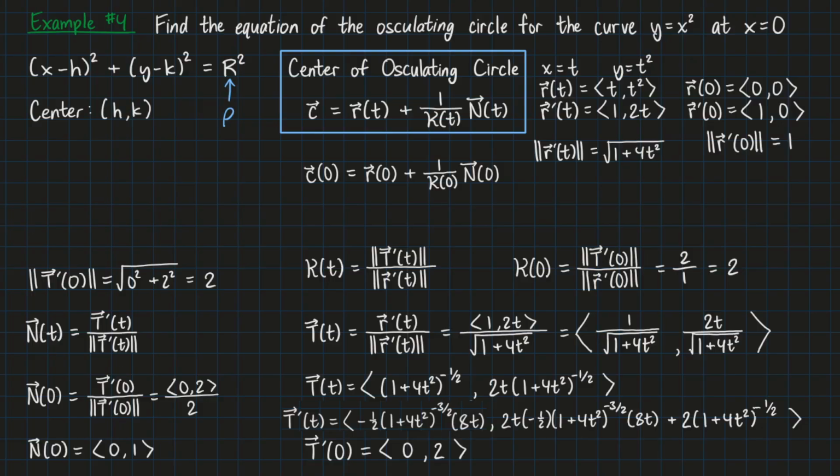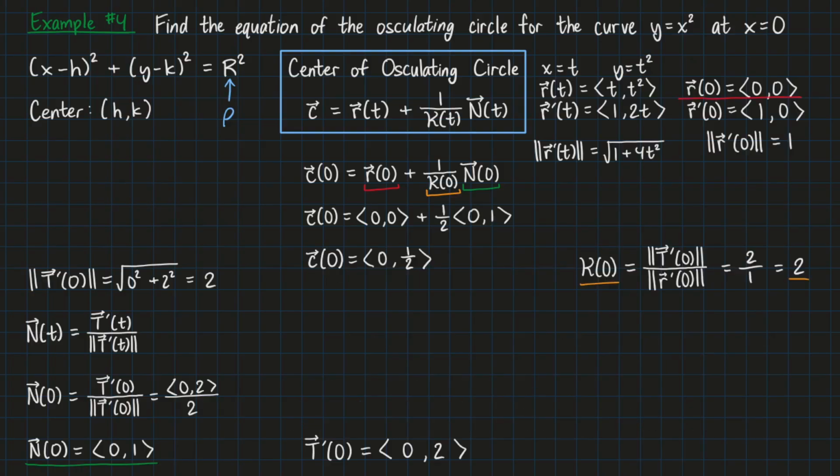So the unit normal vector N at t equals 0 is ⟨0, 1⟩. Now having r of 0, kappa of 0, and N of 0, we can find the center at t equals 0. So c of 0 equals ⟨0, 1/2⟩.